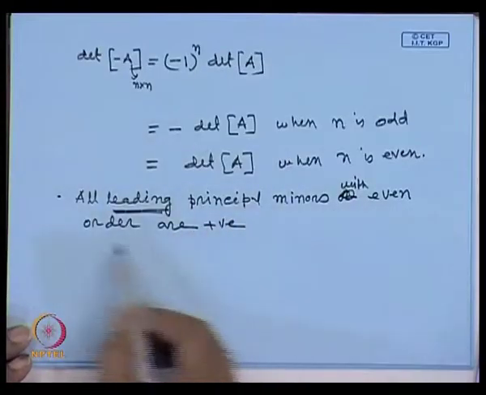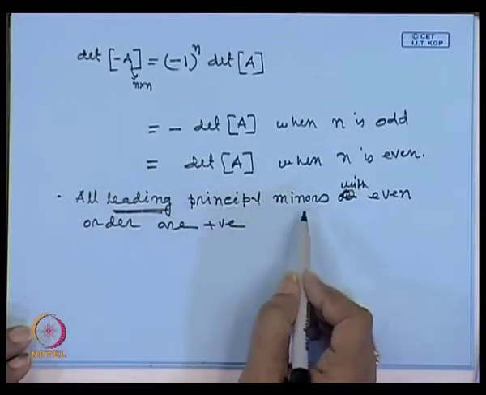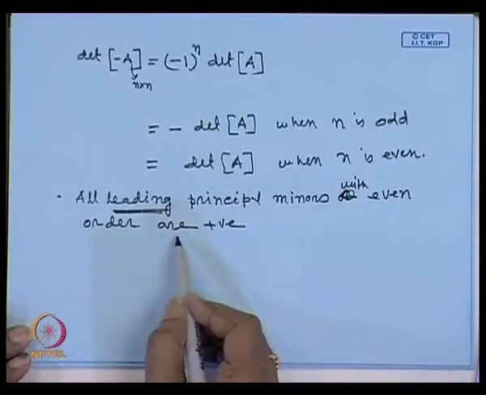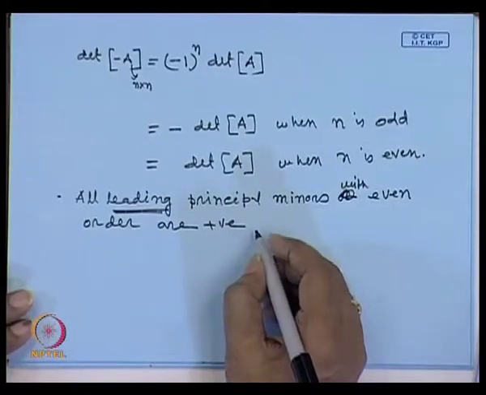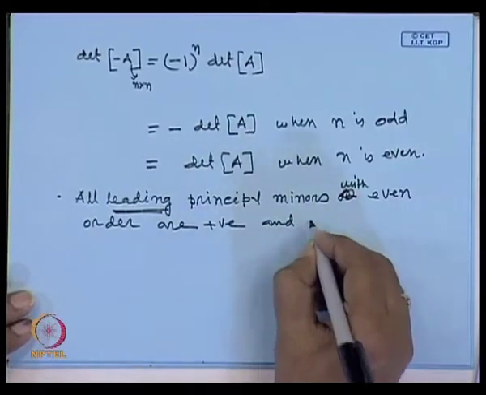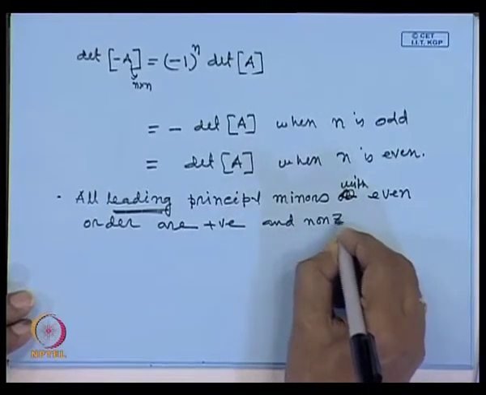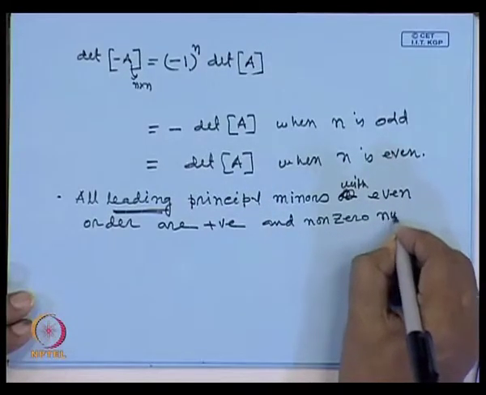So, the leading principal minor determinants with even order are positive. Not only positive, they are non-zero numbers; the determinant cannot be 0.